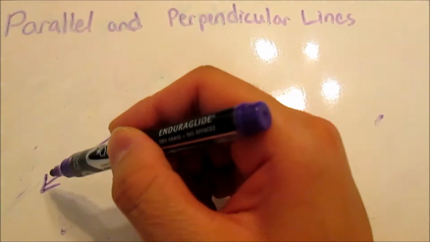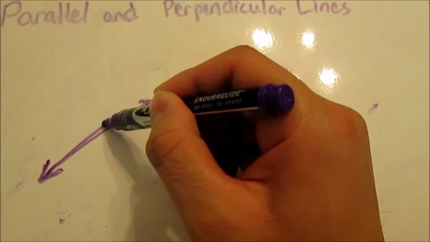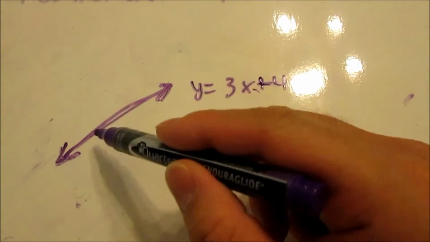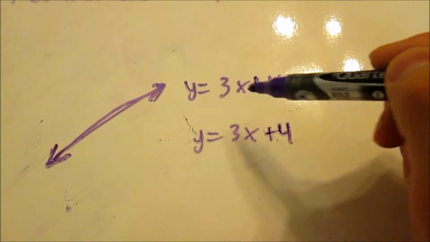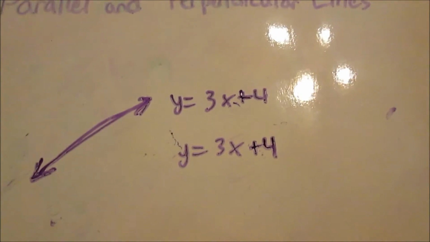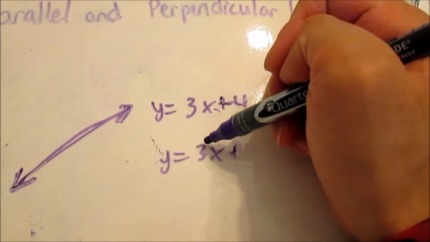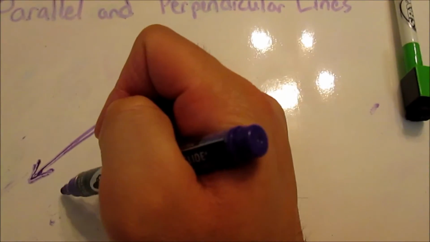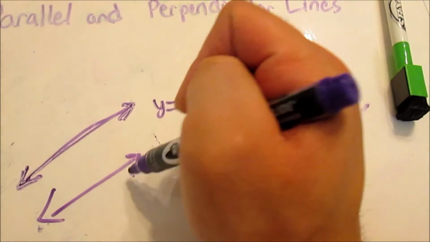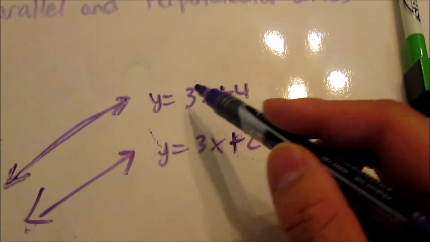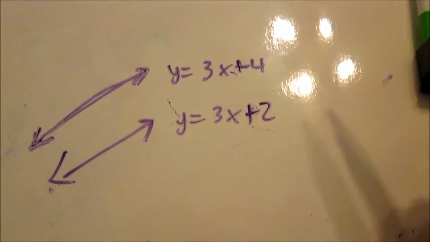They will actually be one on top of the other. And that can't be parallel. That's just two lines, one on top of the other. They're the same line. So that's why for parallel lines, the y-intercepts have to be different, so that the two lines will be separate from each other. They won't be one on top of the other. And they will obviously be parallel if they're the same slope.